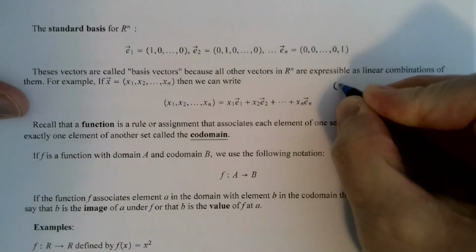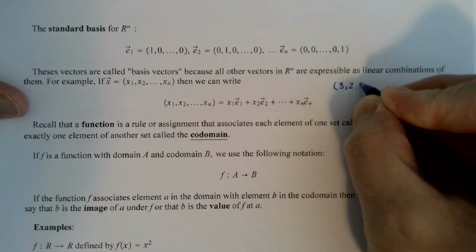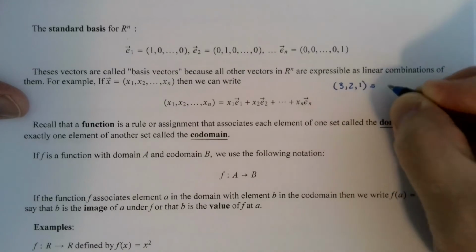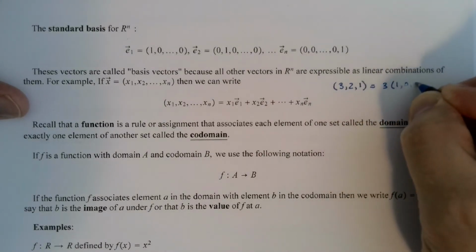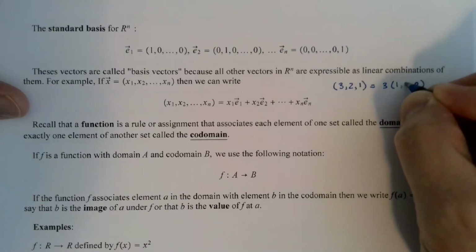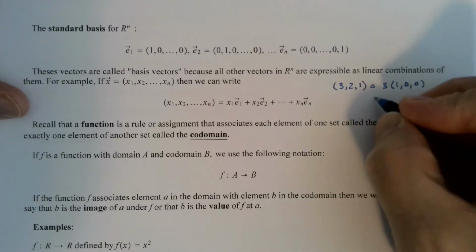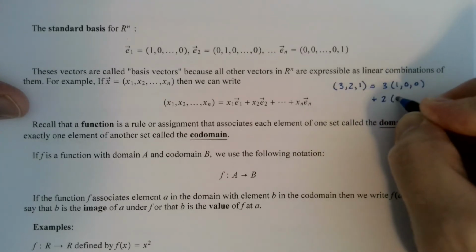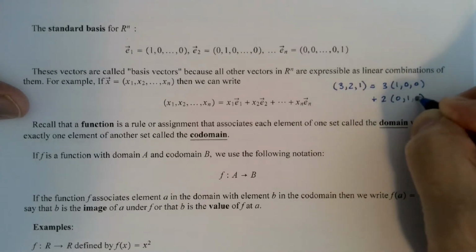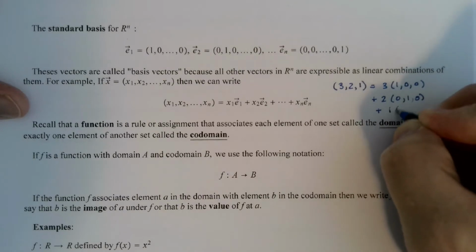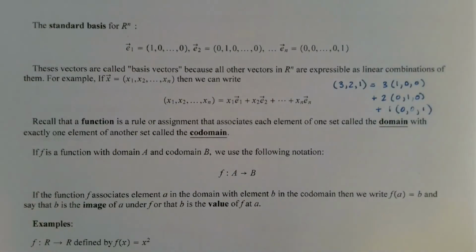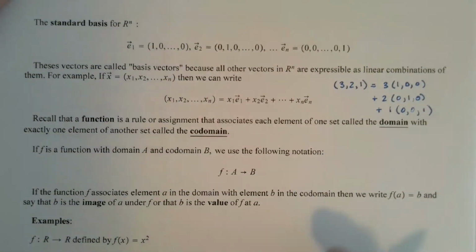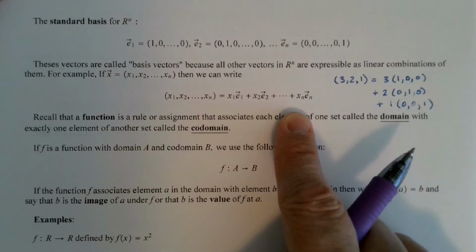Then we can write that as a linear combination, right? 3 times the vector 1, 0, 0. This is the vector some of you call the I vector, right? Plus 2 times 0, 1, 0, and plus 1 times 0, 0, 1, of course. So that makes perfect sense, I think. So it's just an extension of that idea to n-space in general.